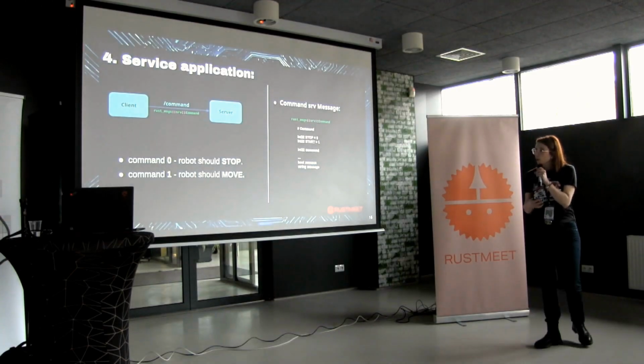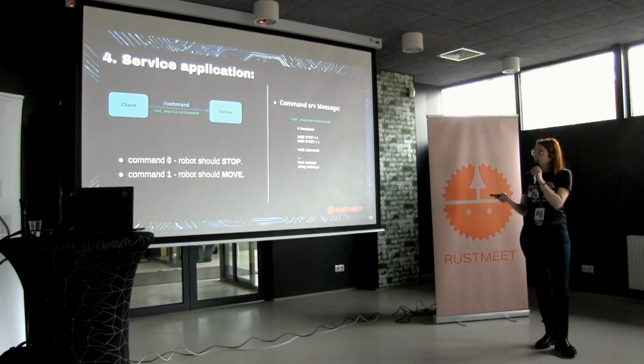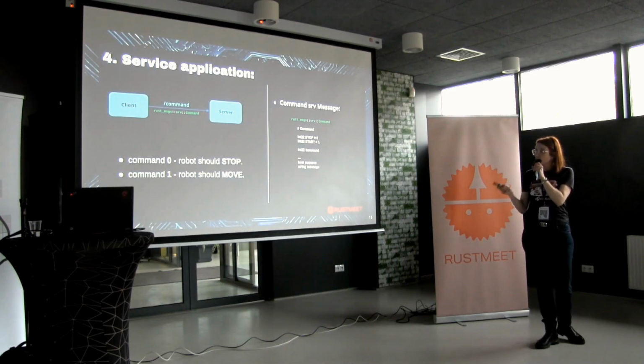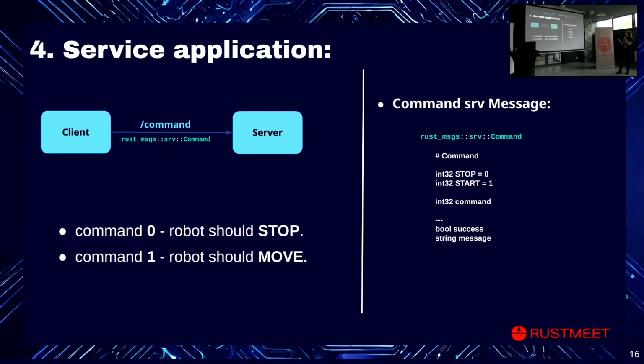So what we're gonna do now is create an application where the client sends a command to the server using a custom command service message. This is the custom message that we have previously defined.